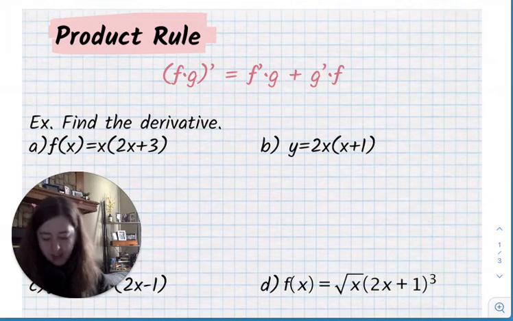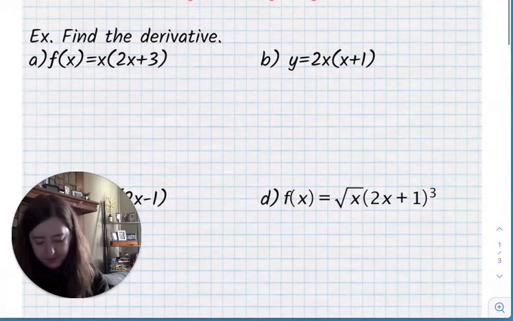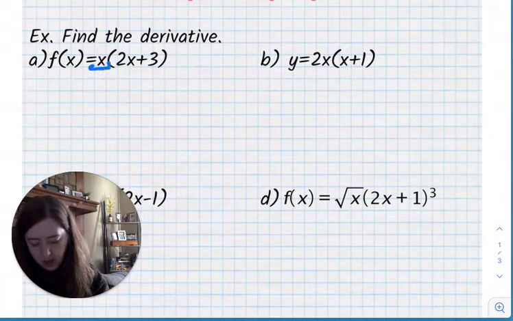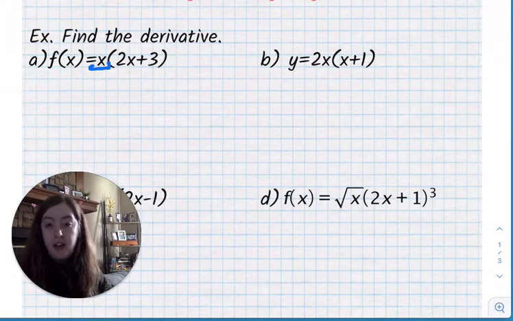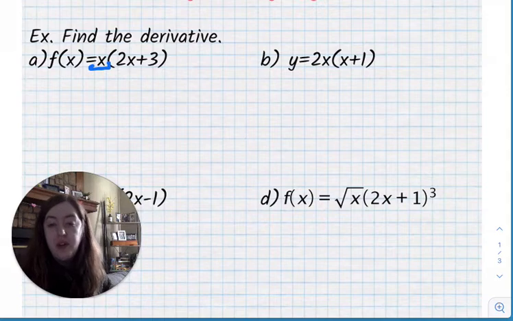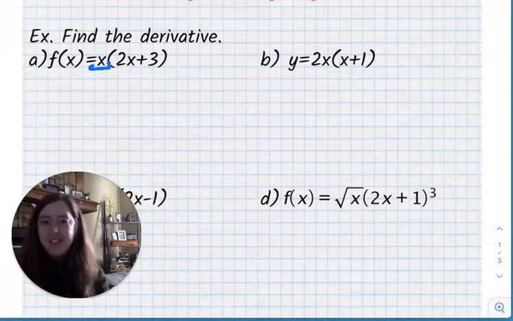We want to find the derivative. So we're starting off nice and easy with a problem that isn't so bad. If I were you, I honestly would go ahead and multiply everything by x and then find the derivative, but we're trying to learn, so we're going to leave it like that.